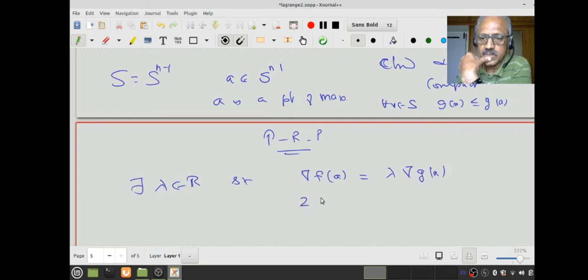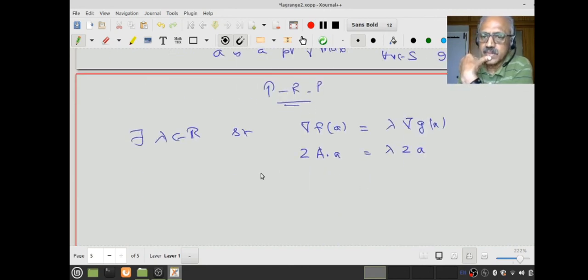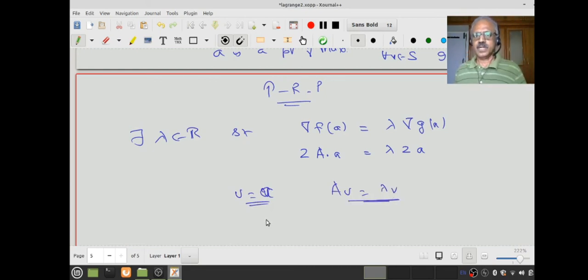This is 2 times the vector A, and this is lambda times 2A, because the gradient is 2x. That means there exists a vector, call it v, such that Av equals lambda v.